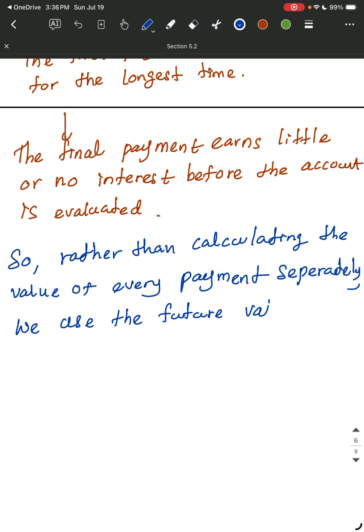The future value formula, you can see in the notes. The future value FV equals R times ((1 plus i) to the power n minus 1) over i.